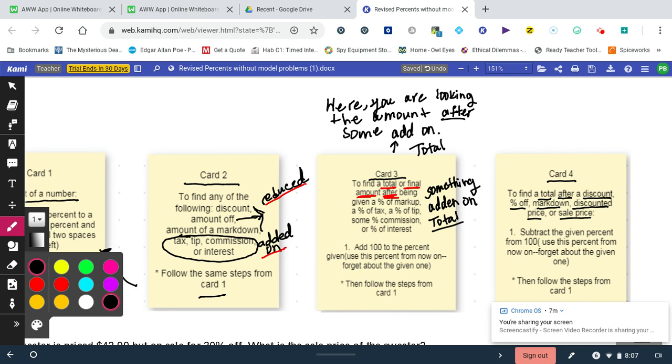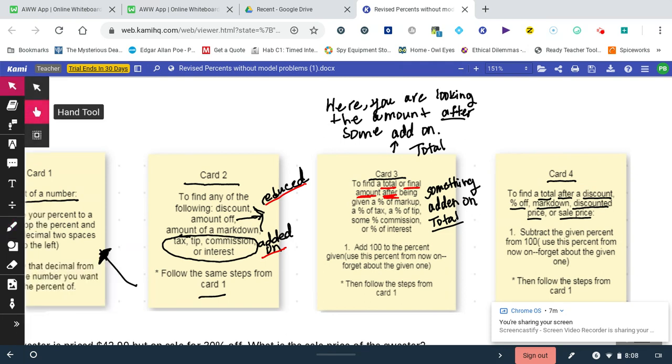These words here, discount, percent off, markdown, discounted price, sale price, some of them look like these, where you see discount, amount off, or markdown. They look like those three with these two added, discounted price and sale price.